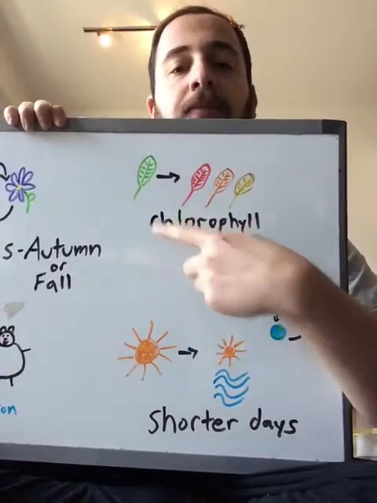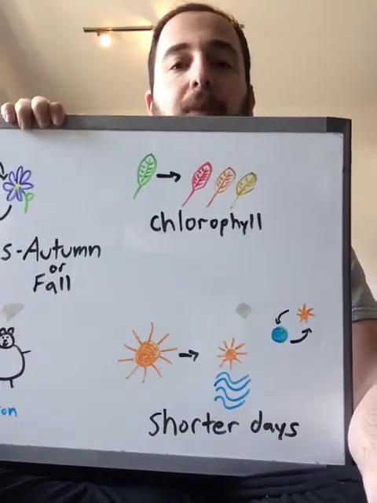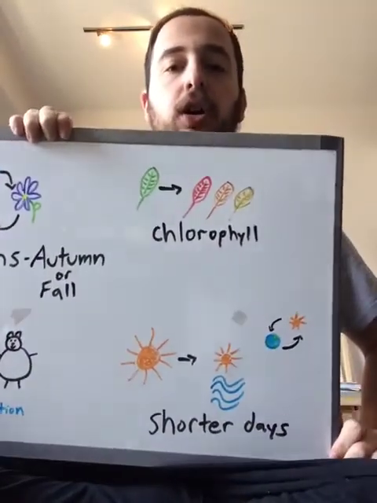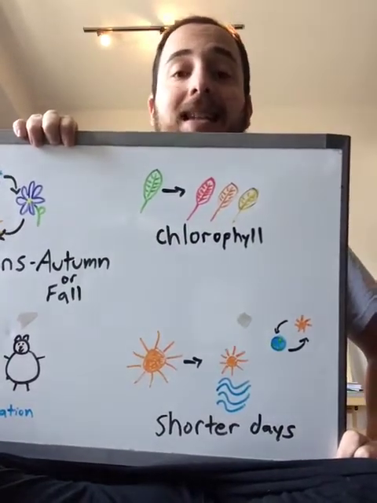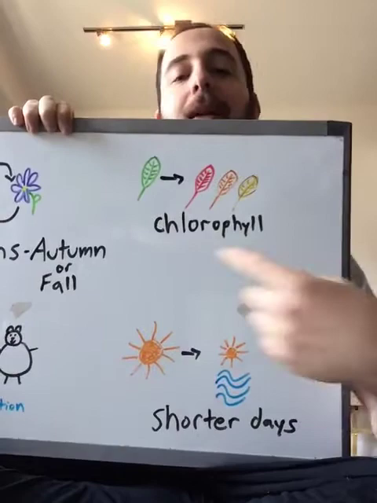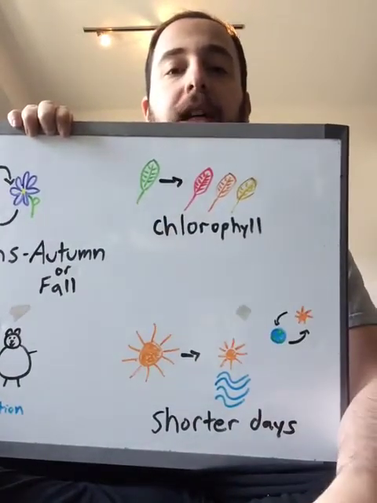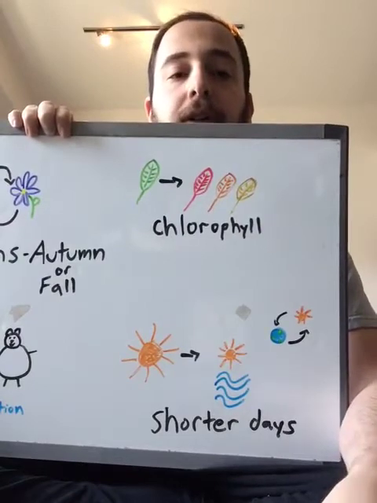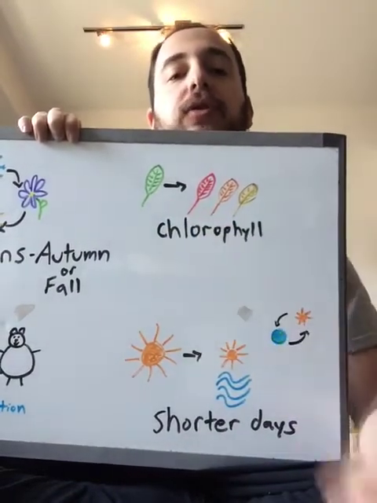So leaves have a chemical called chlorophyll. Can we all say that together? Chlorophyll. Yeah, that is a big scientific word. But the chemical chlorophyll helps keep leaves green. And chlorophyll needs sunshine to turn those leaves green.